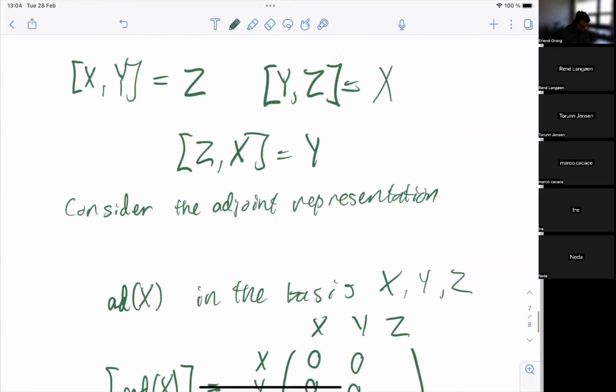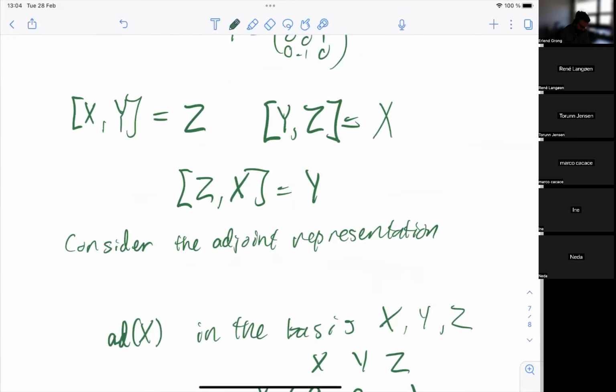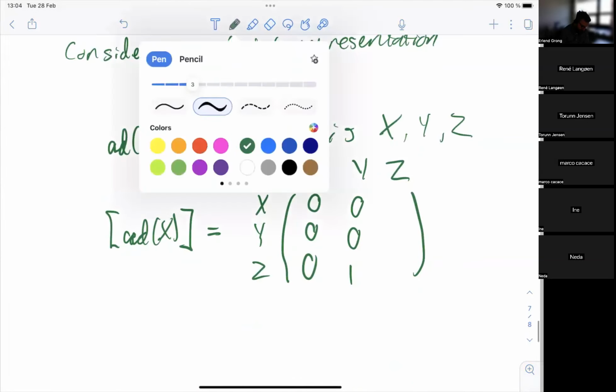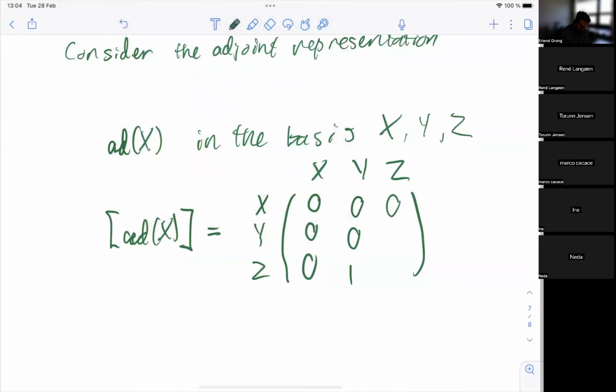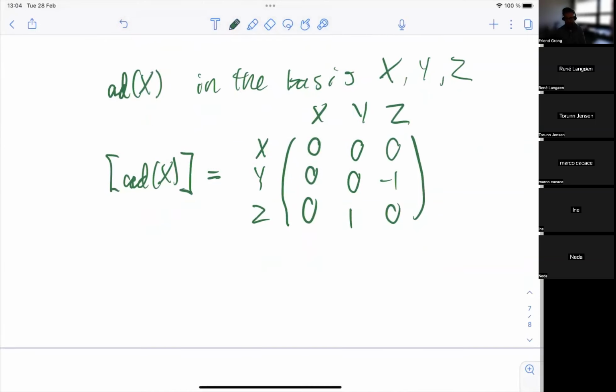And then x with z is minus y, so if I change the order, I get a 1, minus 1, 0. So that will be my ad x represented as acting on the Lie algebra. That's the matrix form.